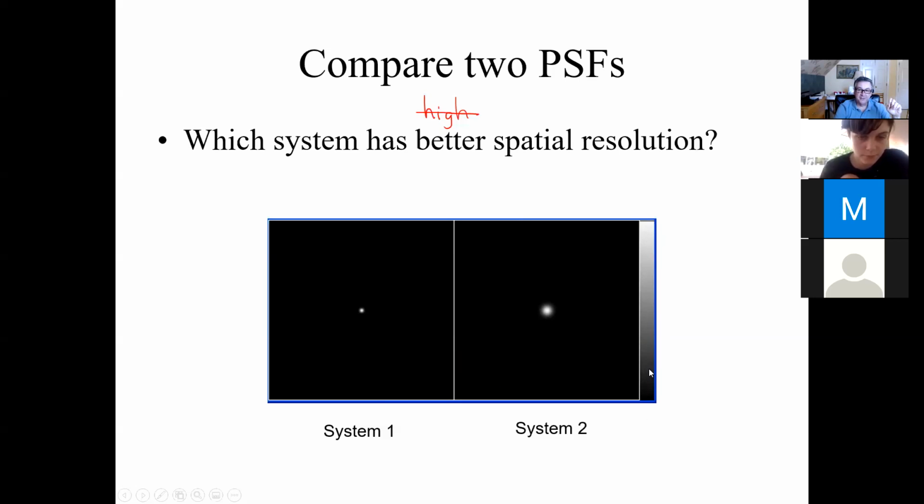This grayscale bar applies to both in this case, and so they're both on the same grayscale mapping. That's what that's meant to represent. Okay. Anyway, not tricking you there. This one really does look like this. Okay. So we would say narrower PSF is better spatial resolution, right?